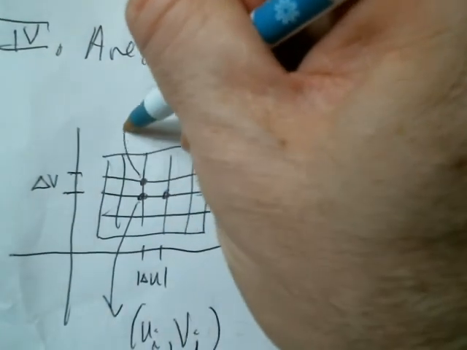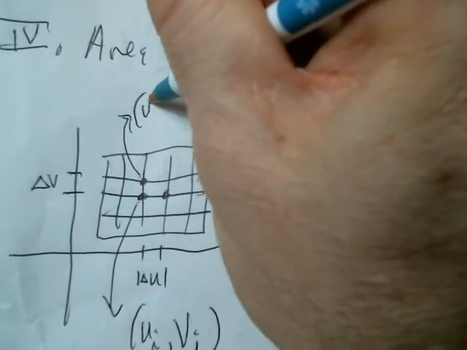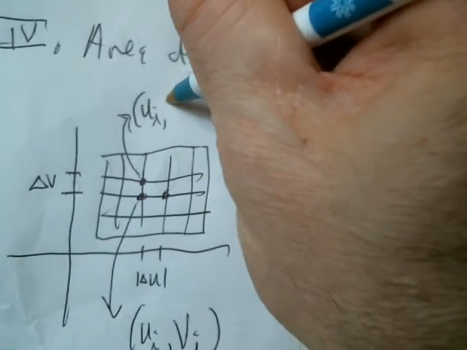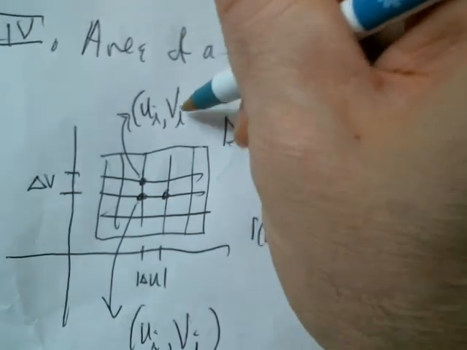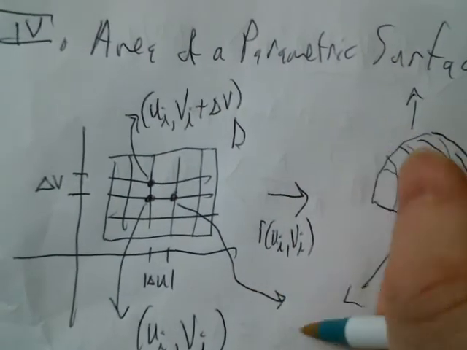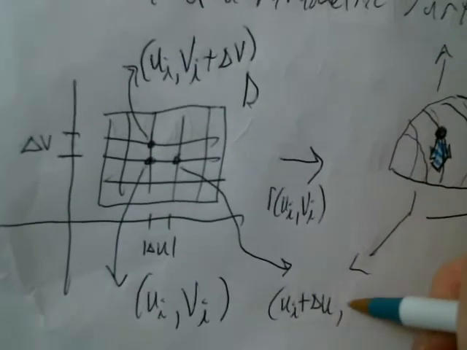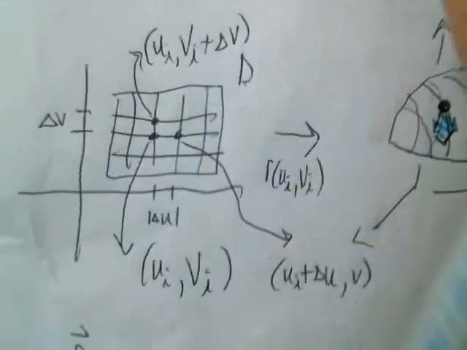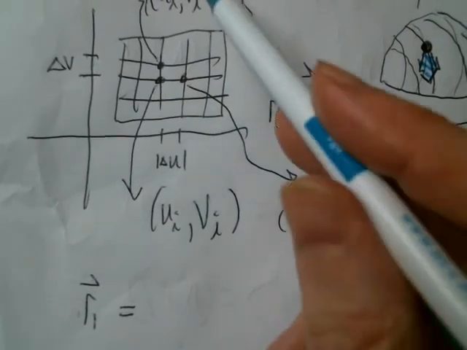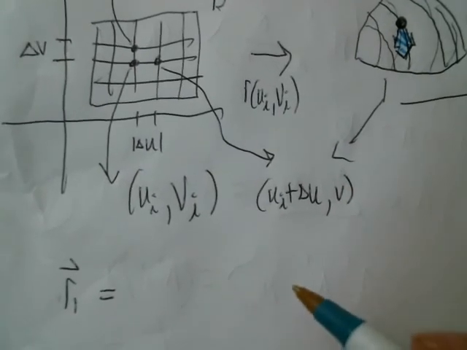This point up here is going to be u sub i comma v sub i plus change in v, and then this point over here is going to be u sub i plus change in u comma v. Right? So to form this vector, we put these points into this function and use the difference of those two as the vector.